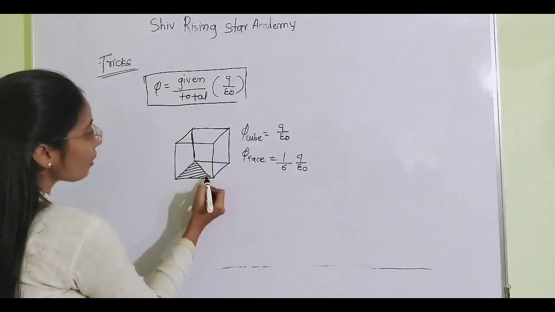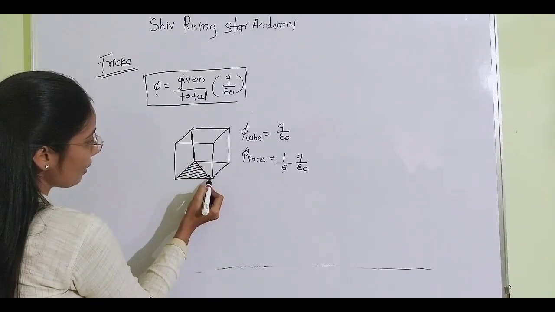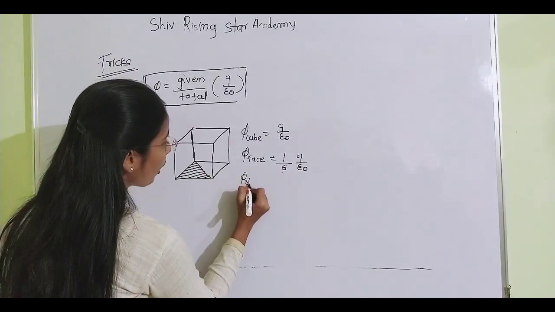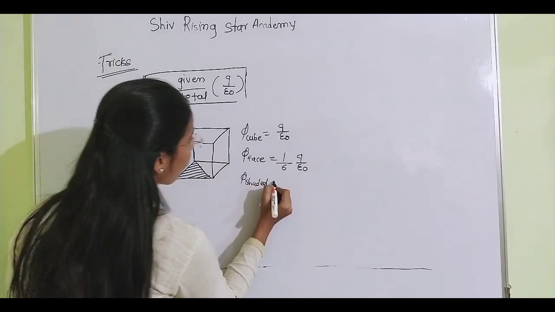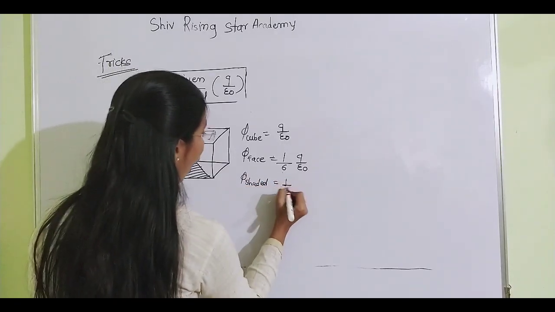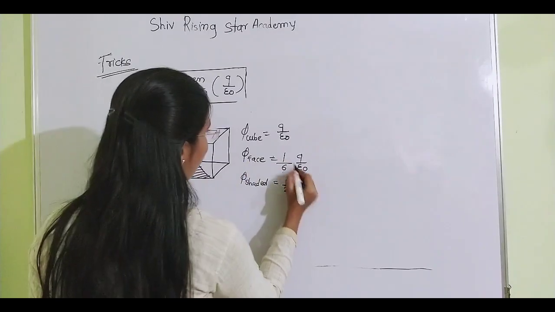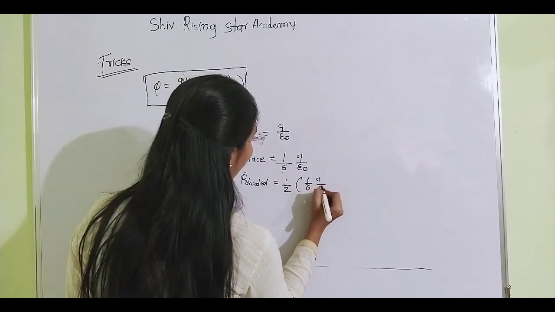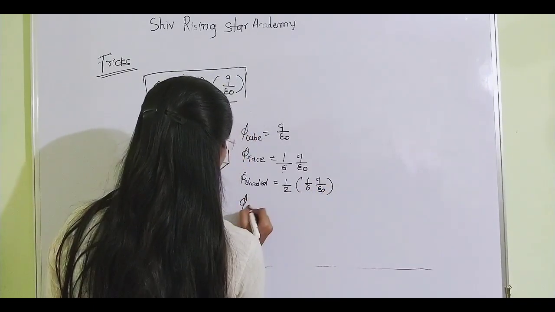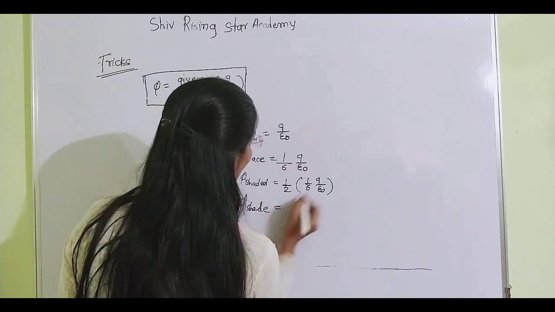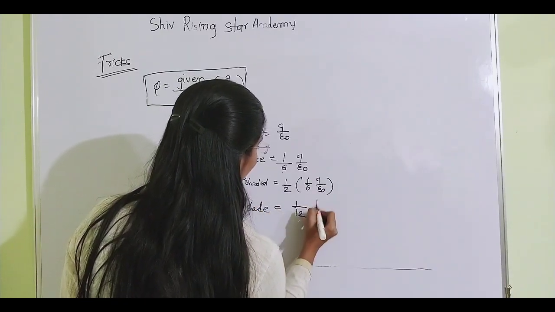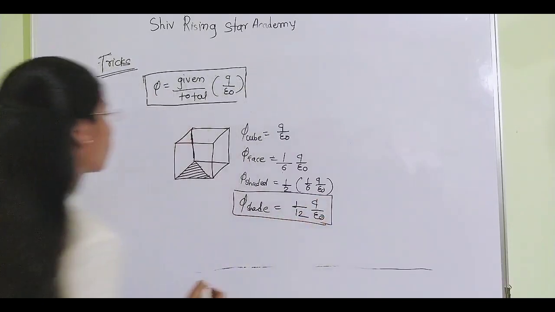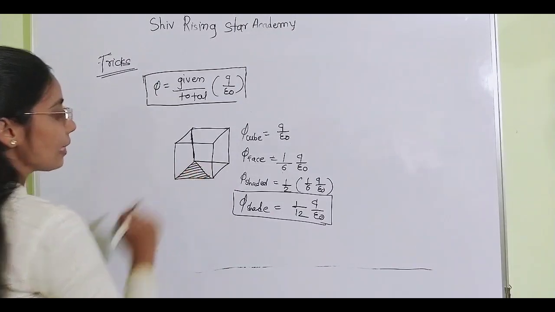And the flux for this shaded region, which is half of one face, so phi for shaded is equal to half of the face, and the face is 1 by 6 into q by epsilon naught. So phi for half shaded is equal to 1 by 12 q by epsilon naught. This is the flux of this shaded region.